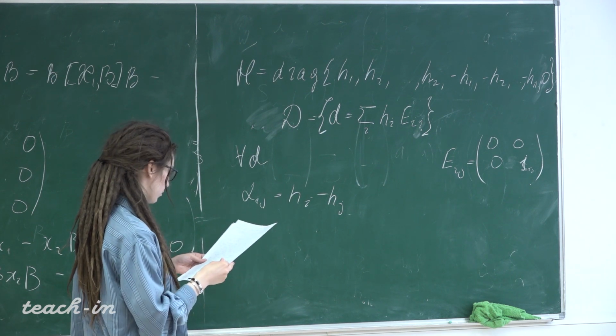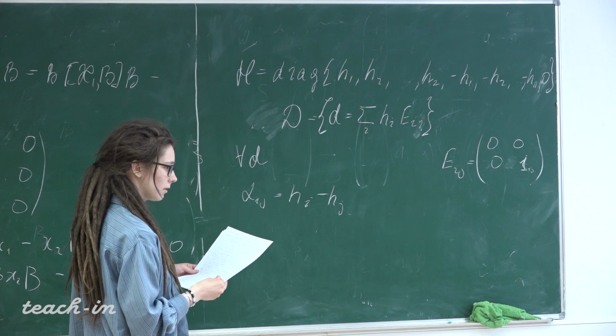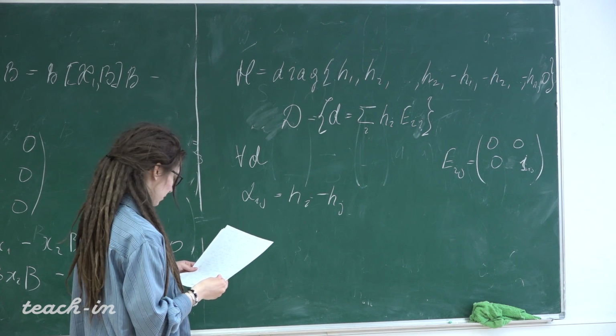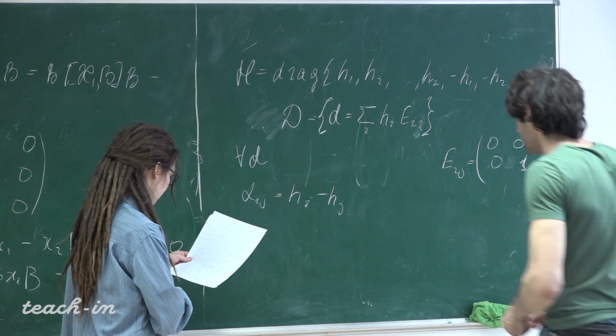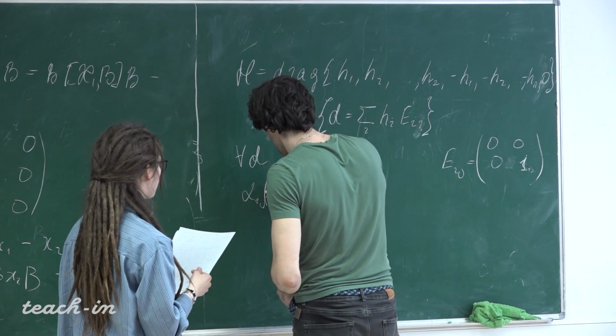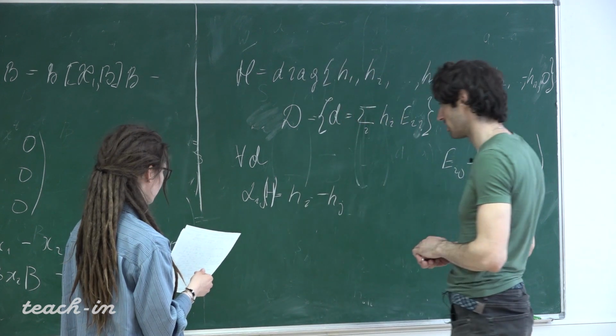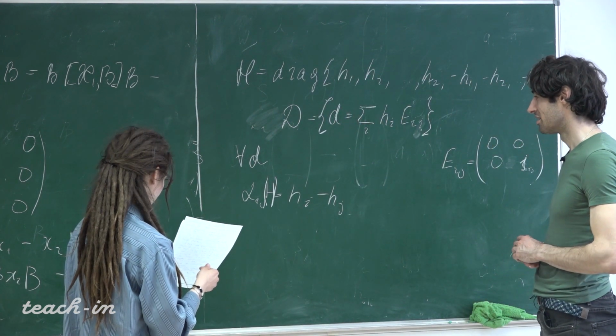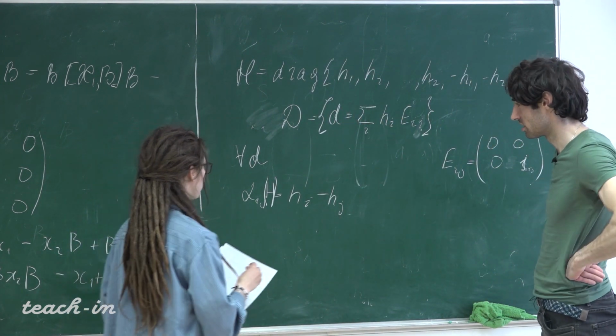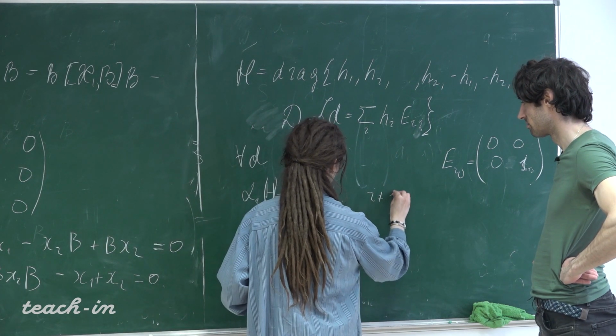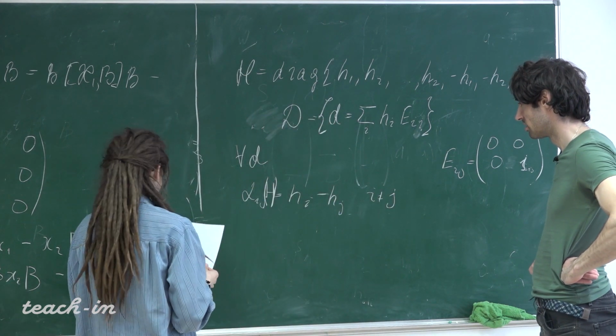No, it's a root. A root should be an element of h star. So I think it's like that, right? Alpha_ij acting on this gives you this. Okay, this is the same as we had with SL_n, right? Yeah.